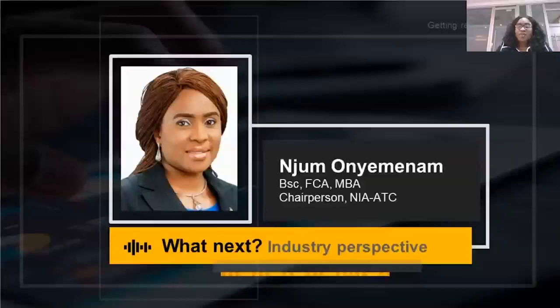IFRS 17 has been a source of concern for many of us in the industry, especially those of us in the financial reporting chain, the actuaries and all. There's always one new thing or the other.